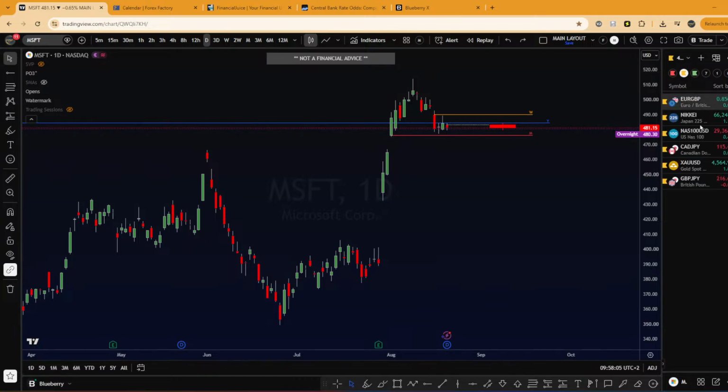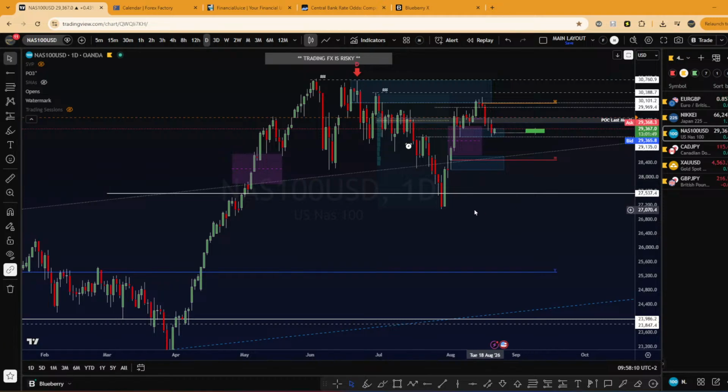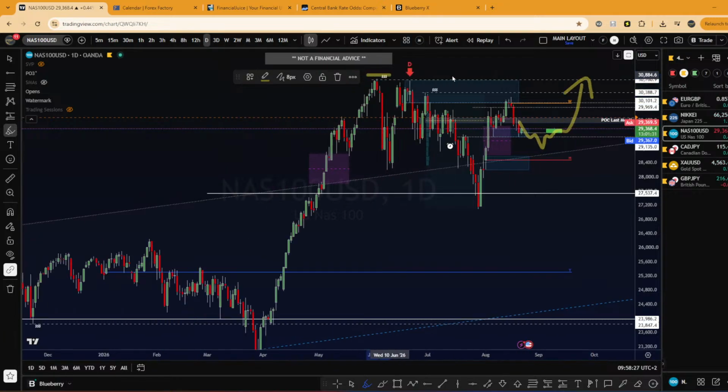So there is no reason, for me, if I analyze at this moment, to see Nasdaq drop even lower. So that's why I think at some point Nasdaq will find a support, and then we continue to target the all-time high.